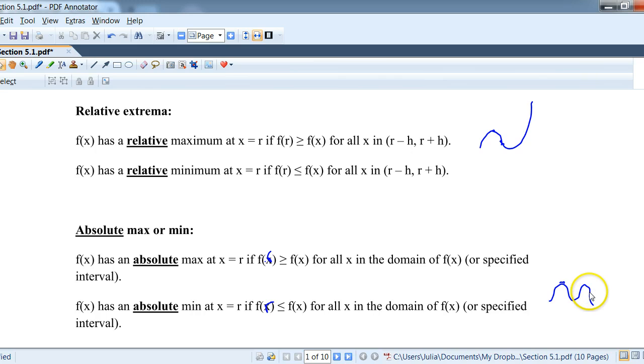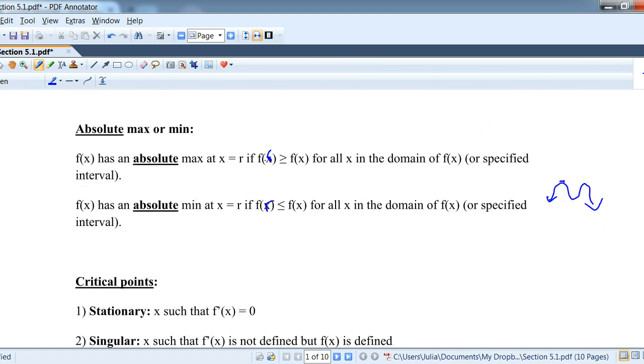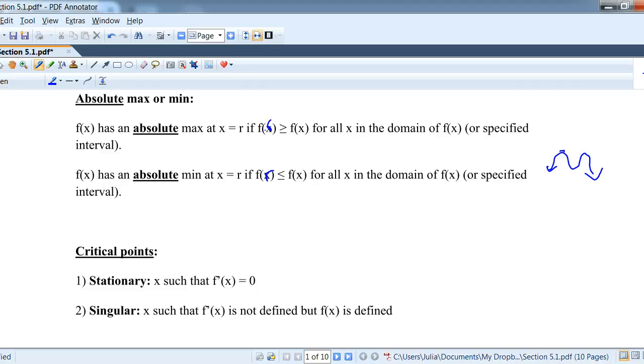So you may have two distinct points, (2, 100) and (5, 100). They're both absolute maximum because they're the highest. And this one does not have an absolute minimum if we draw it. If the function keeps on going down here, then it may not have an absolute minimum. So if a function goes to infinity or negative infinity, it does not have to have an absolute max or min by any means.